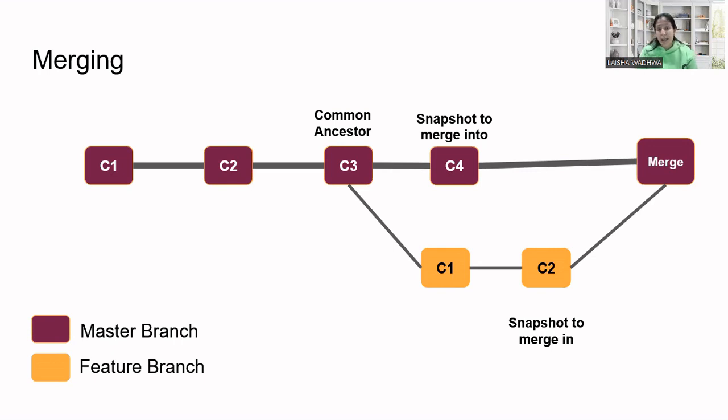So if we take the example of what we were seeing so far, we had a master branch, we had a feature branch, and we also had another hotfix branch. Now, what happens if at this particular point, we are trying to merge this feature branch into my master branch? What exactly is going to happen? Currently there is another commit that has been added into my master branch after I have created this new branch.